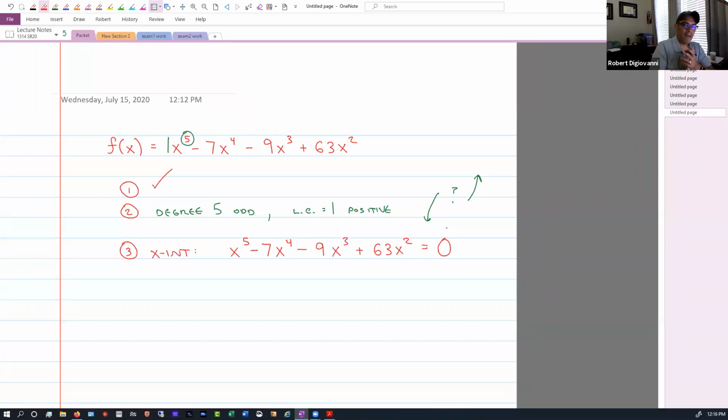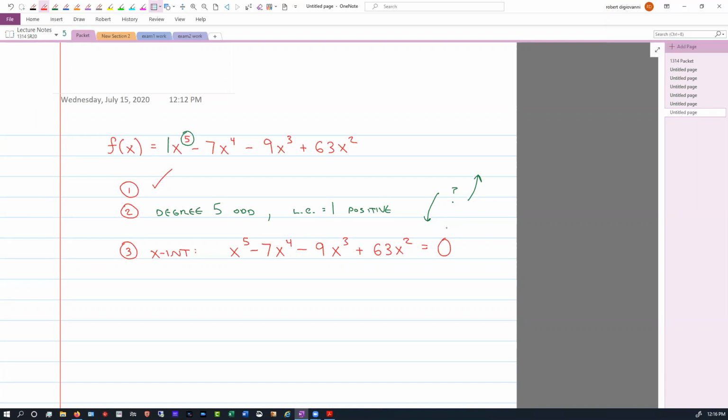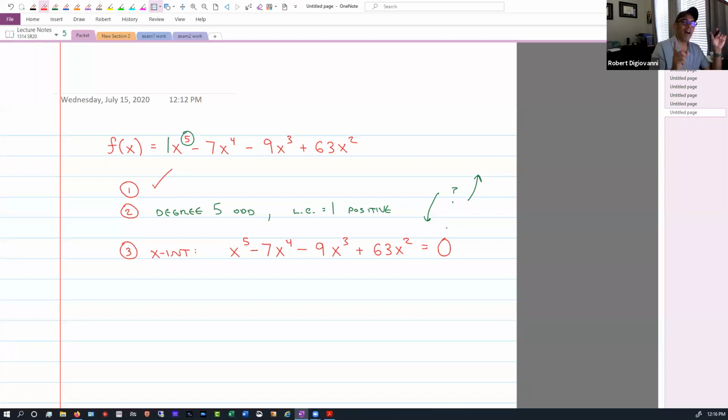What's the first step of factoring? First step always: GCF, greatest common factor. GCF is always the first thing. So do all of these terms have something in common?